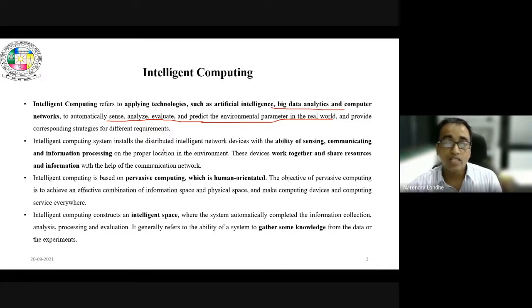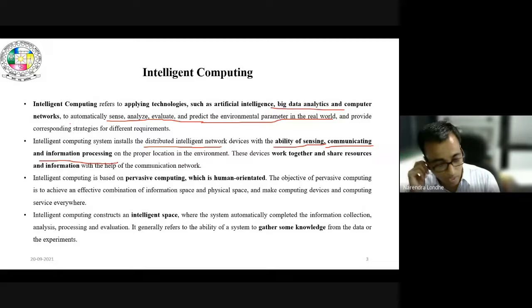When I say intelligent computing, it installs a distributed intelligent network, which includes devices with the ability of sensing, communicating, and information processing.